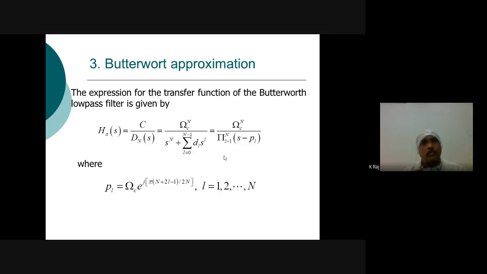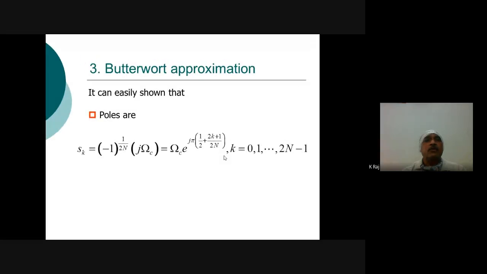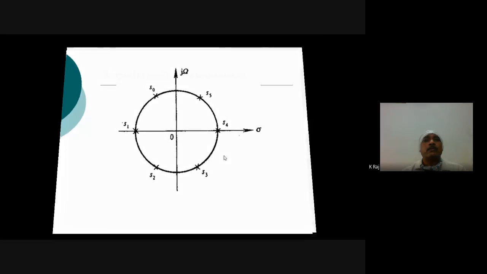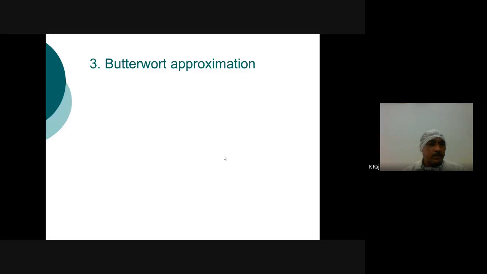Among the four approximation approaches, we have discussed the Butterworth approximation, whose specialty is a linear phase response and a smooth response in the passband as well as in the stopband. In the next lectures, we will cover the other approximations: Chebyshev 1, Chebyshev 2, and elliptic.